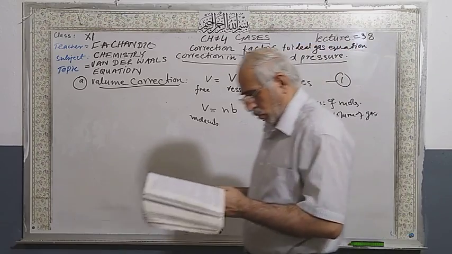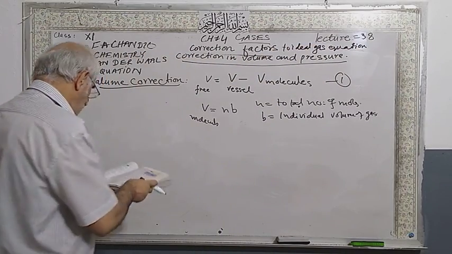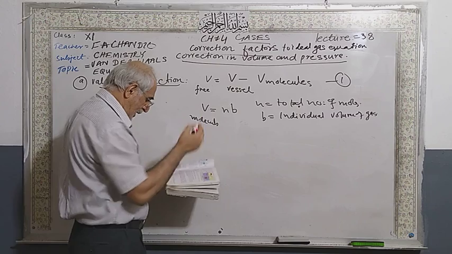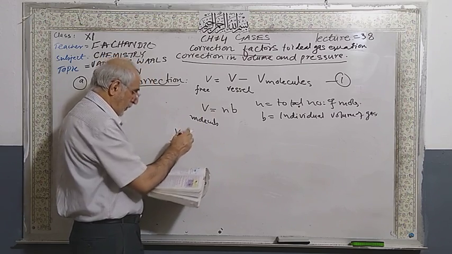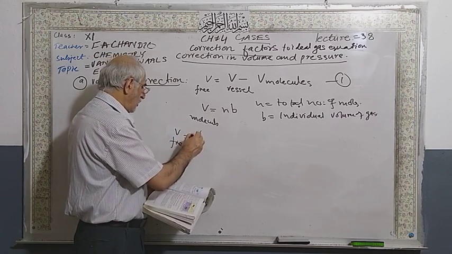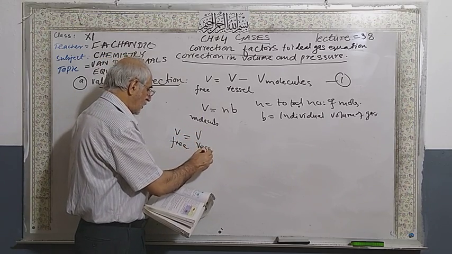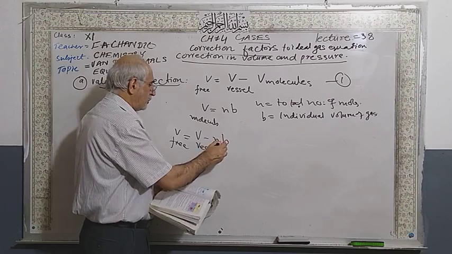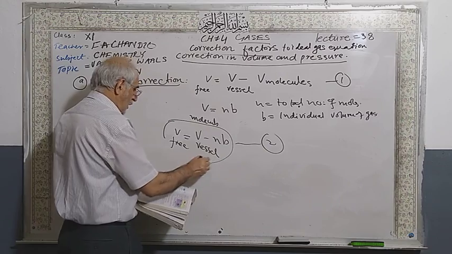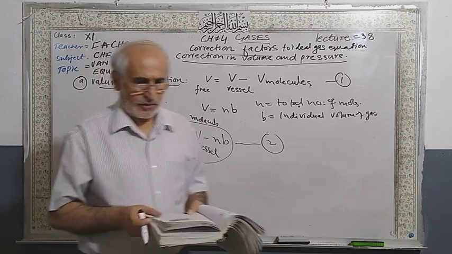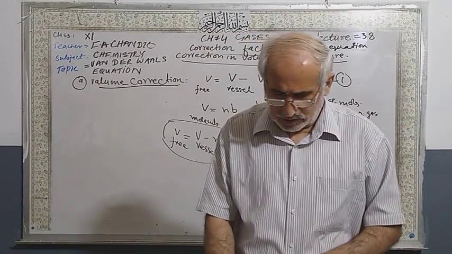So V free is equal to the volume of the vessel minus nb. Please remember this equation, we will use it to get the van der Waals equation.